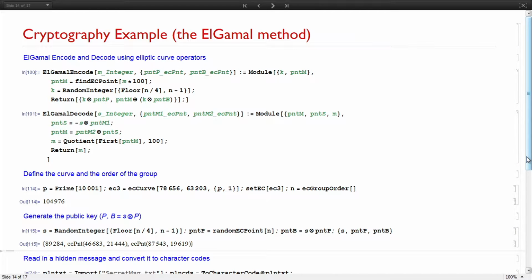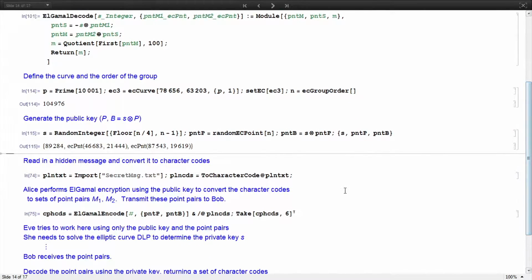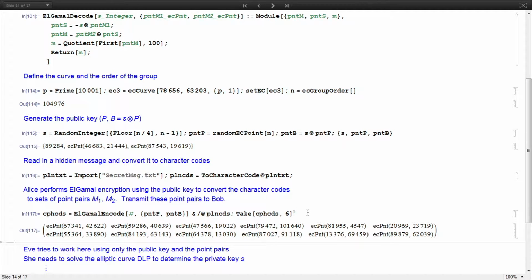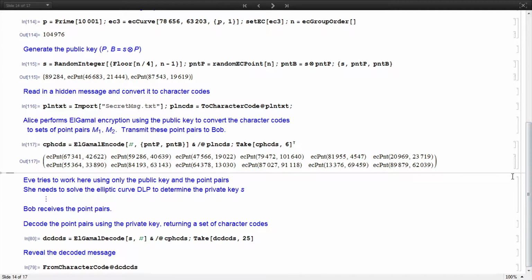The public key is distributed, and a secret message is read in. And then the encoding simply takes the message and applies the algorithm to it and produces point pairs for each numeric message that's encoded. And then, of course, if this was a cryptographic scheme, this would be what would be public.